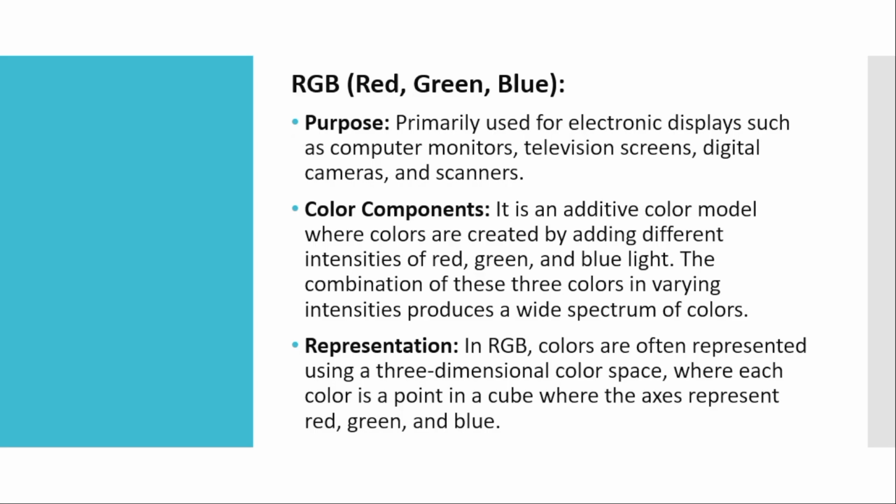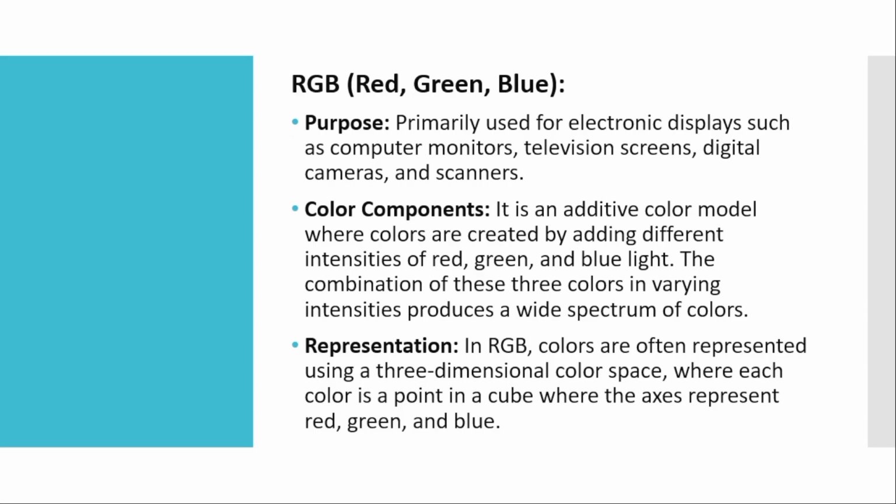So we also have the color component of RGB. It is an additive color model where colors are created by adding different intensities of red, green, and blue lights. The combination of these three colors in varying intensities produces a wide spectrum of color.